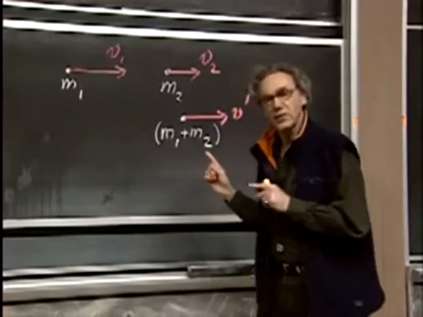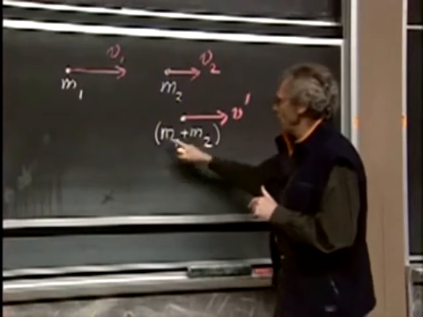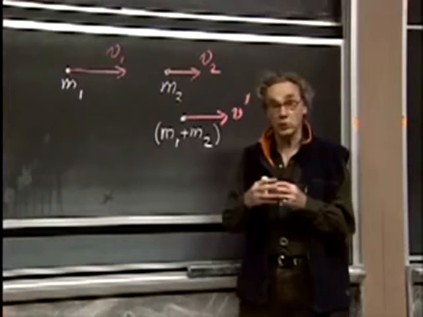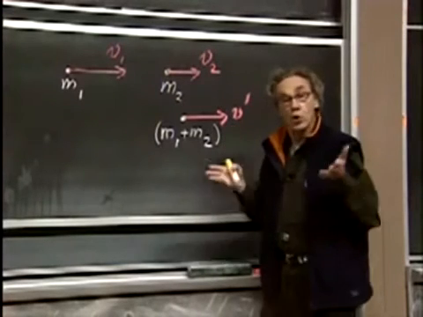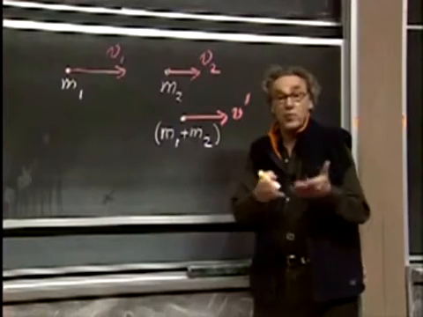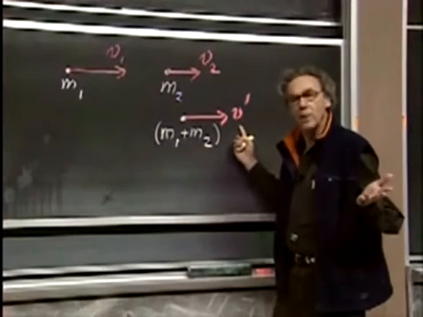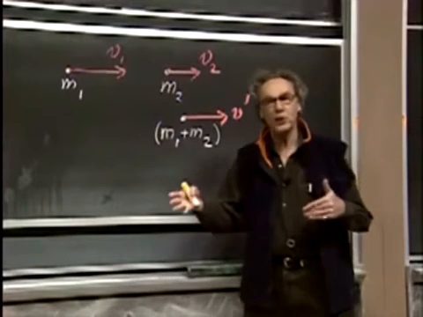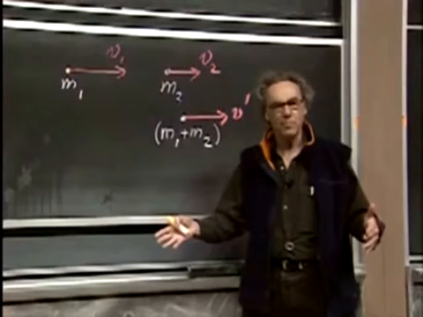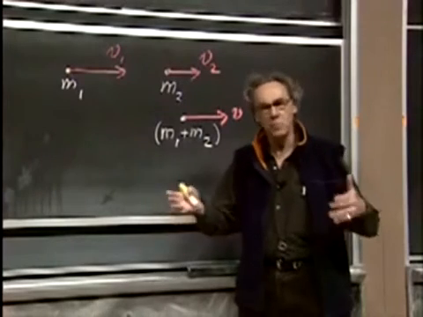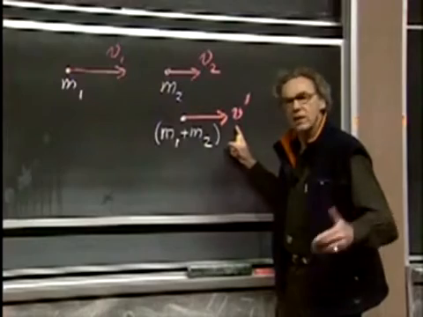But in this case we're dealing with an inelastic collision, so m1 and m2 are stuck together. They are merged, so it is sufficient to just call it v prime. You could have called it v1 prime, because v1 prime is the same as v2 prime is the same as v prime. During the next four minutes you will see that a few times I call it v1 prime. I wish I really hadn't. It would be better if I had just used v prime. That is unique and sufficient.